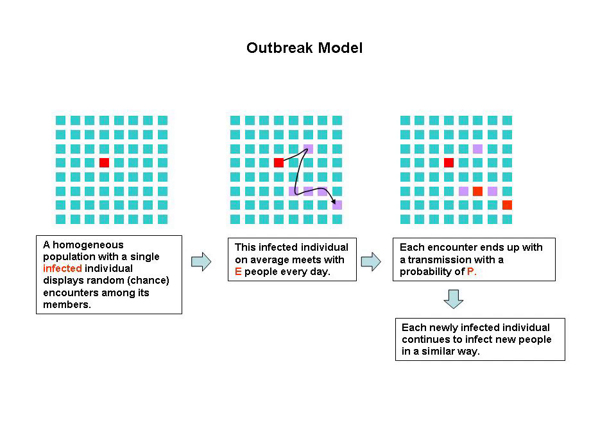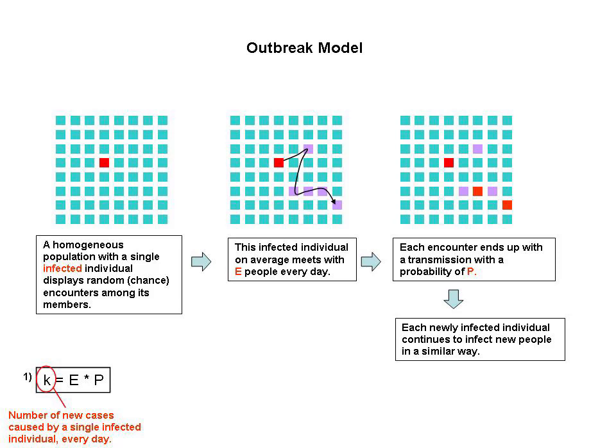So actually the number of people who got infected at the end of this day is E times P. There are E encounters, and there's a probability P that these encounters will end up with an infection, which means that if the probability is 0.5, half of these encounters will end up with an infection. So every new infected person, now there are 3 people here, will do the same the next day.